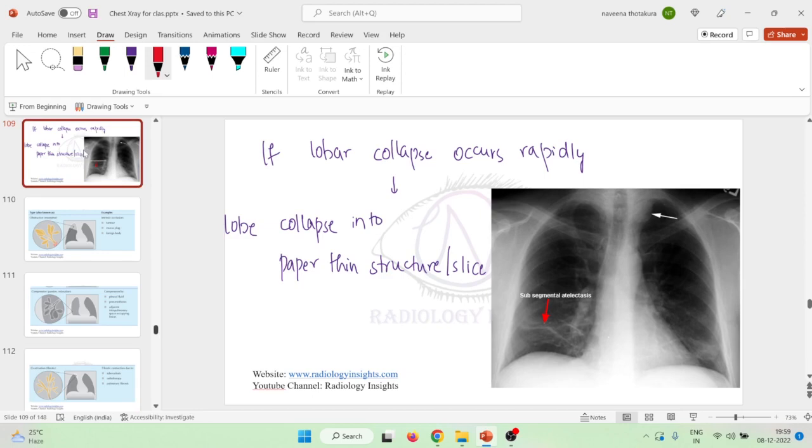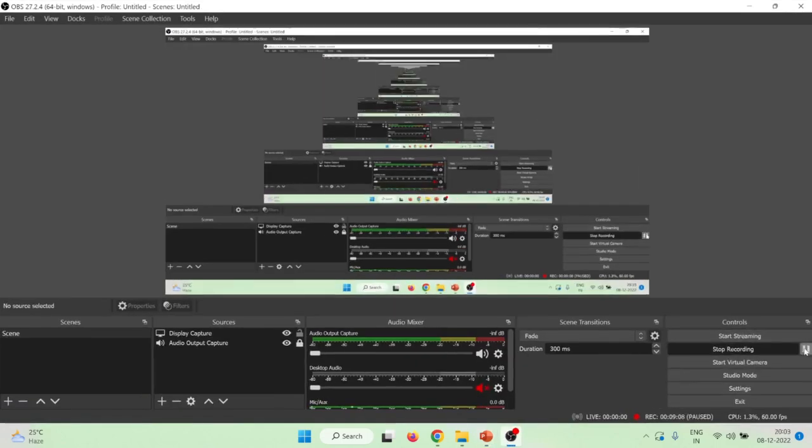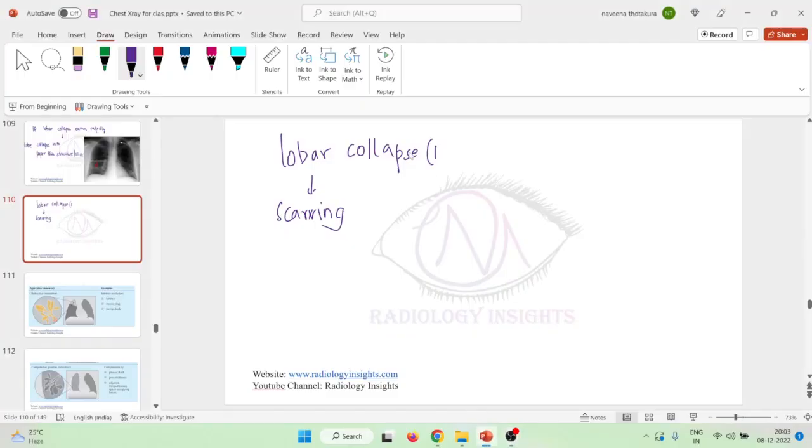Okay, this is one thing. And sometimes lobar collapse can lead to scarring and contraction of the lobe of the lung.